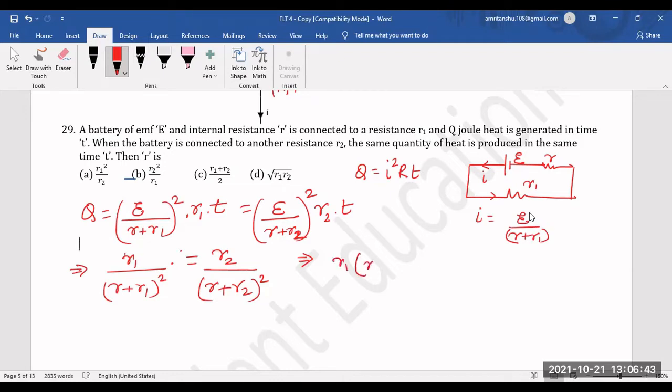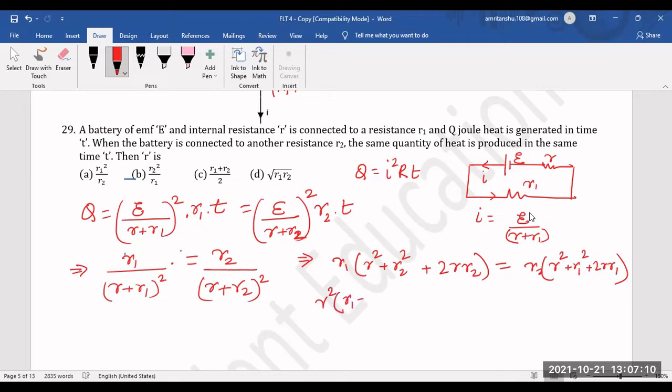R1 R square to R2 R square plus R1 square. So let's try to figure out how we can solve it. R square term we can take common over here.